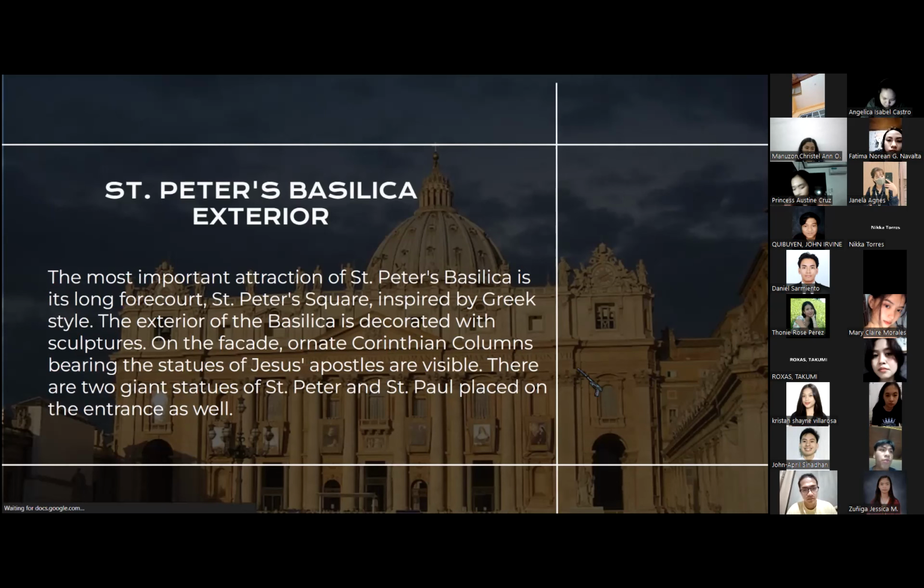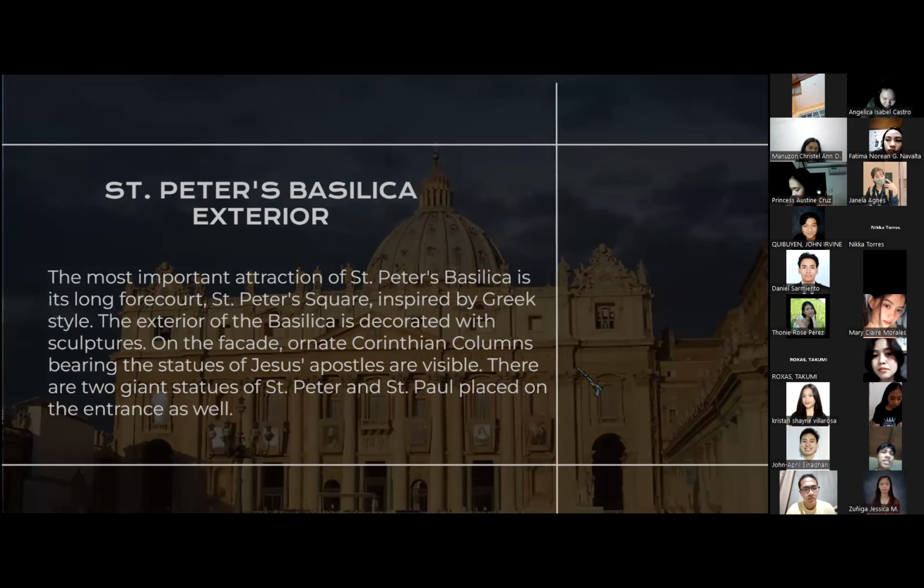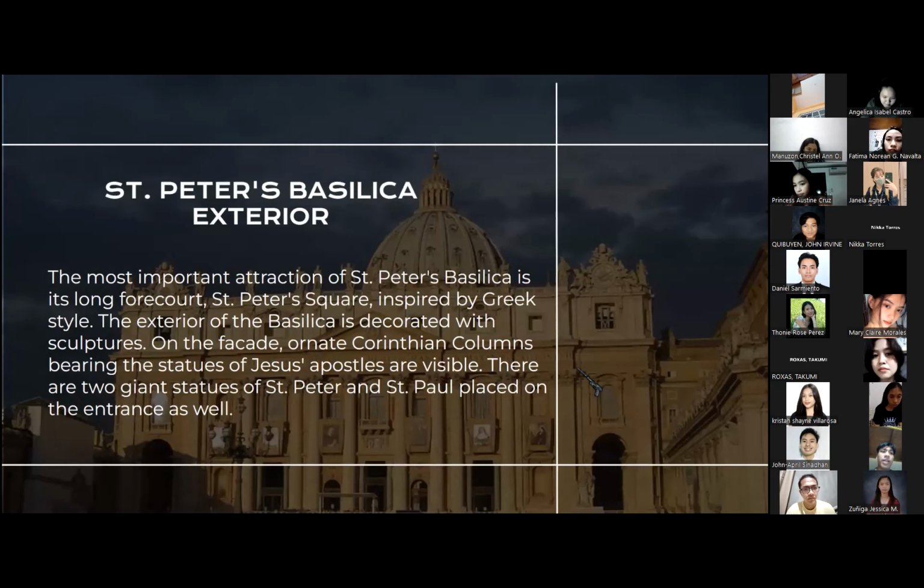Nabanggit po dito yung forecourt, long forecourt. Ang long forecourt po, ito po yung space sa St. Peter's Square. Example po nito is yung gasolinahan po. Yun po yung forecourt, long forecourt. Then banggit po dito yung facade. I-spoil na rin, madidiscuss din po ito yung facade and ornate Corinthian columns.